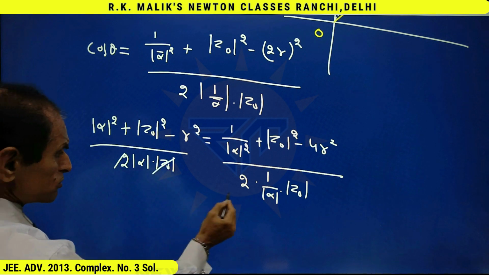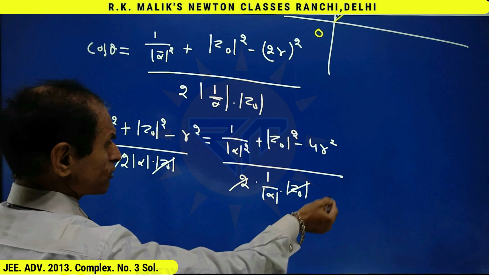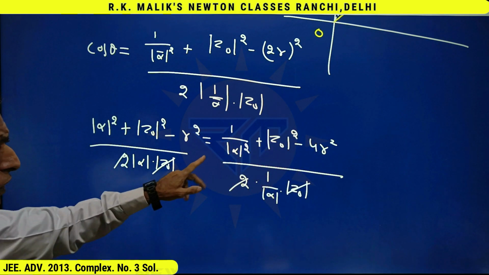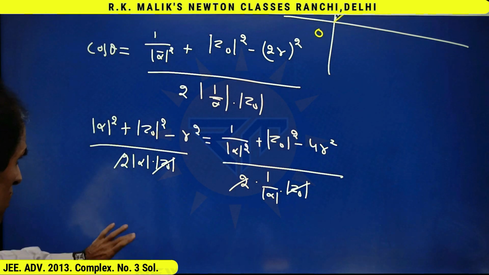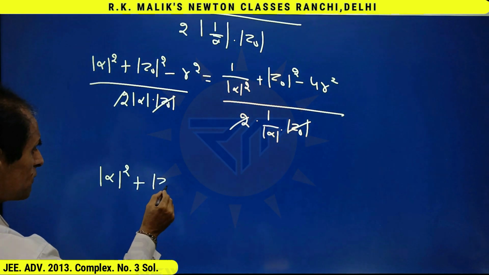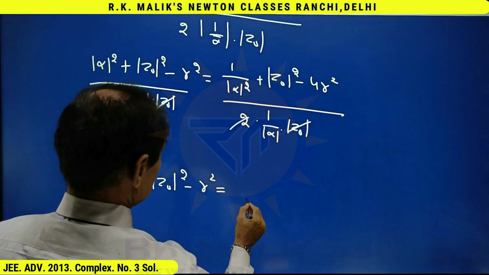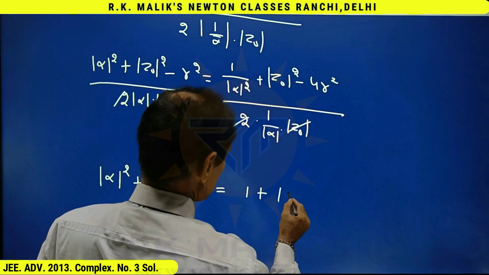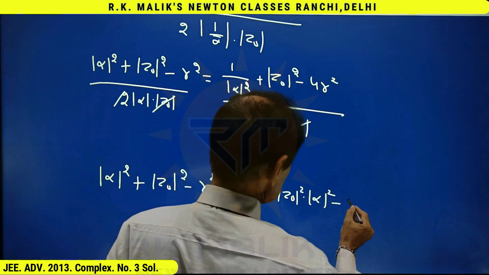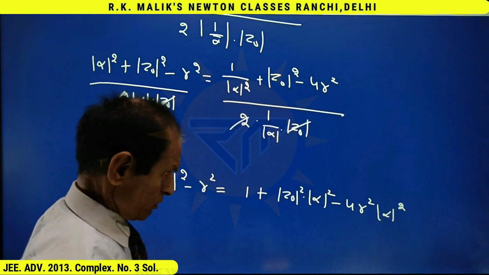Obviously 2 mod z0 will get cancelled, and mod alpha will go in the numerator. Mod alpha from here will also come, therefore 1 by mod alpha will get cancelled. I'll get mod of alpha square plus mod of z0 square minus r square equal to 1 plus mod of z0 square into mod of alpha square minus 4r square into mod alpha square.